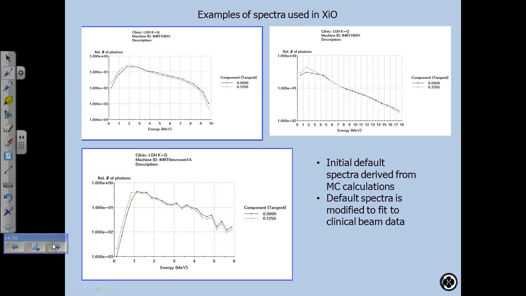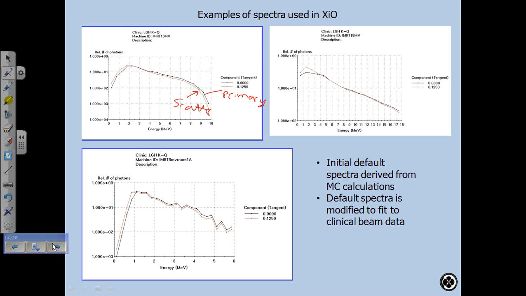And then why are you seeing two curves? One of them is the primary photon curve, and the other one's a scattered curve. Usually the one at the higher energies is the primary, and the one that's lower is the scattered curve. So this is scattered, and this is primary. Primary penetrates a little deeper because there's no scatter.